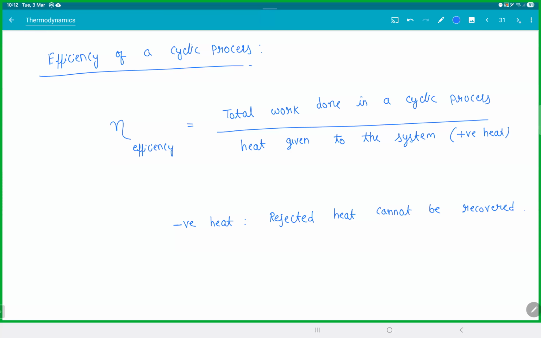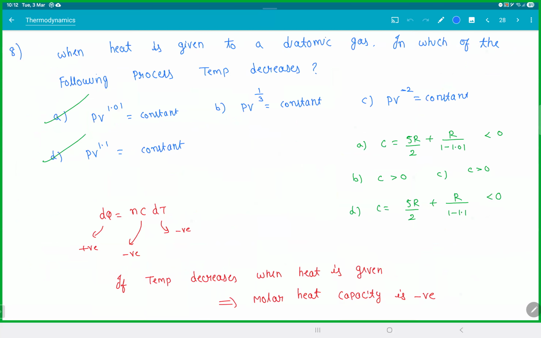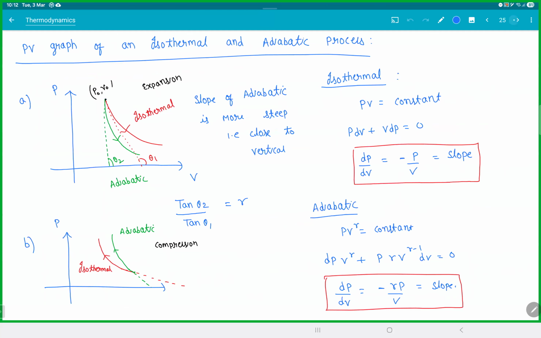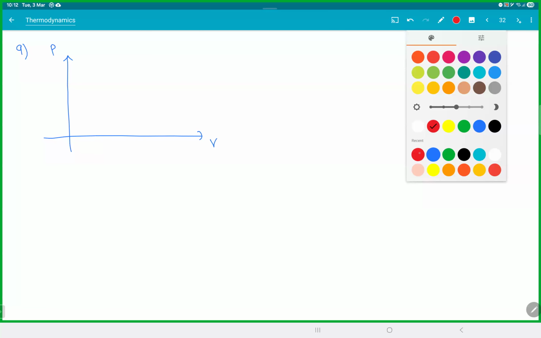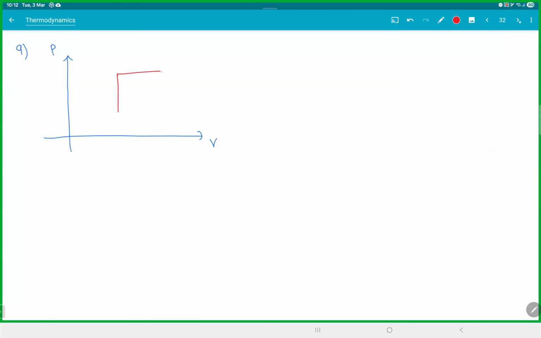So that's how we find efficiency of a cycle. Okay, let's see a question. So if you know the table and you know the process, let's see a few questions on how they'll ask you efficiency. PV graph. You've seen this graph before. This is the first graph in KTG.